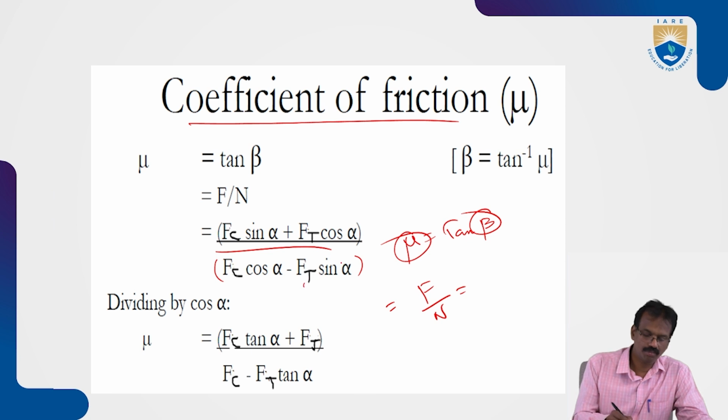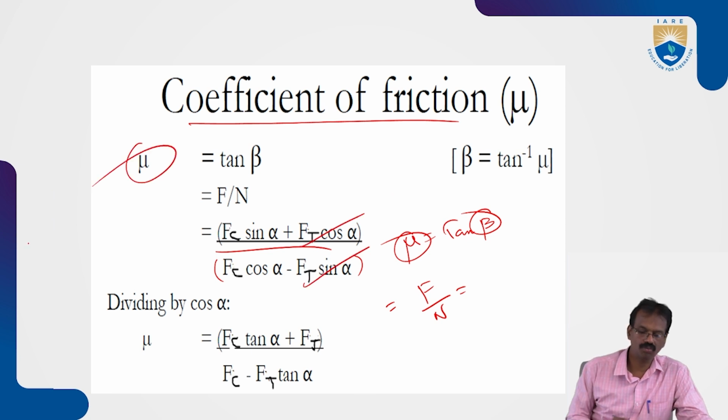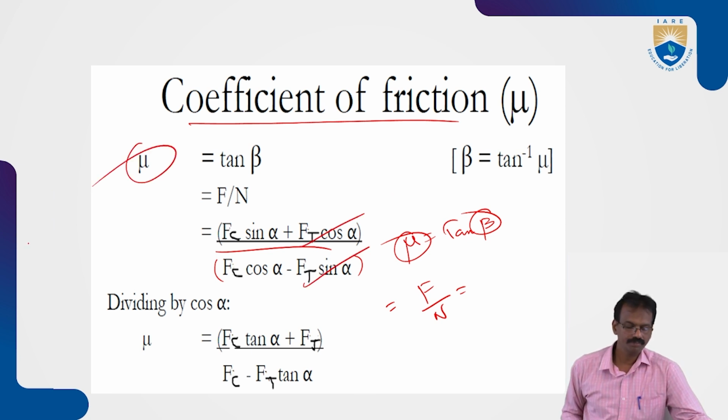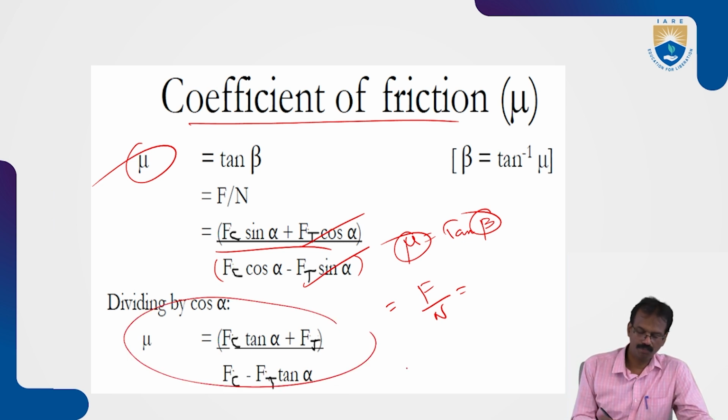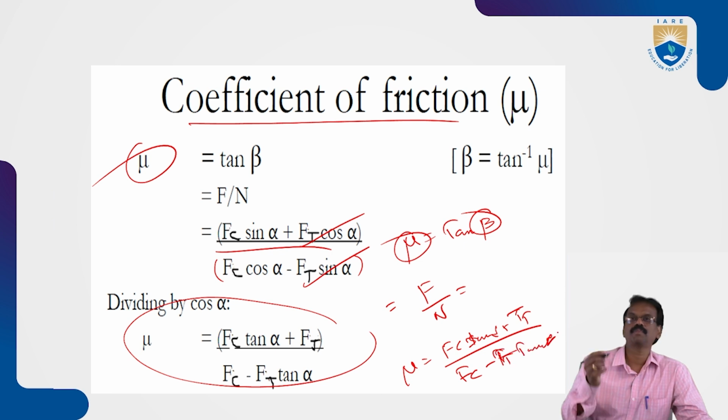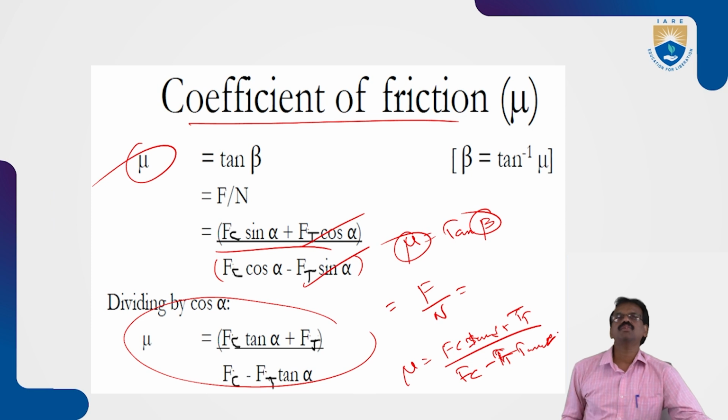So by using these formulas, you can find out the coefficient of friction also. If you simplify this, you will get mu is equal to Fc tan alpha plus Ft, divided by Fc minus Ft tan alpha. So this is the formula, and by using this you can find out the coefficient of friction also.